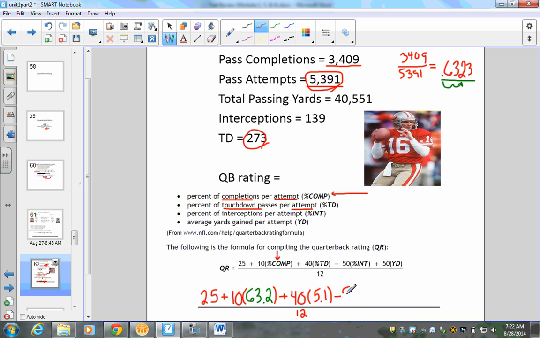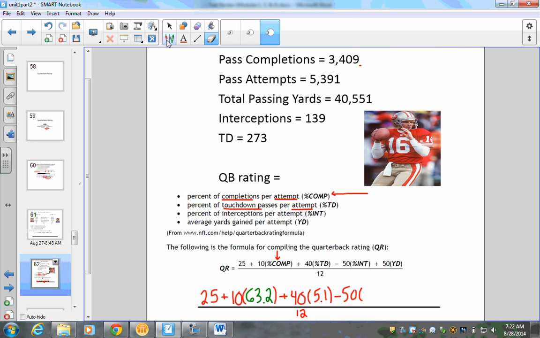Minus 50 times the percent of interceptions, which is the amount of interceptions, 139, over 5,391. That gives 2.6, converting again to percentages.